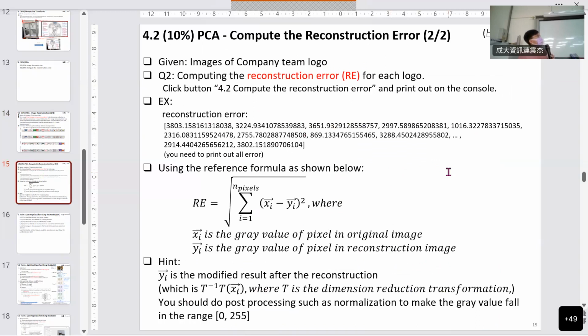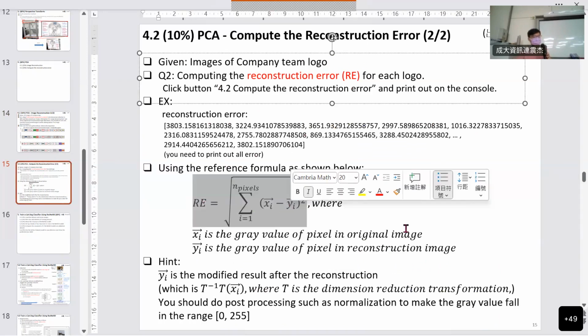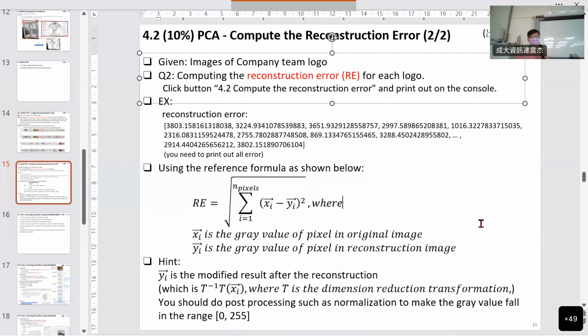Okay. So in the second section, you have to calculate the error between the reconstructed image and the original image. I give you the reconstruct error function below. You should do it for each image.